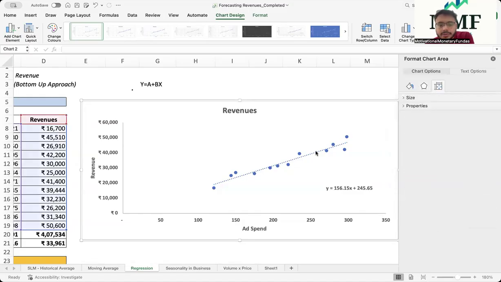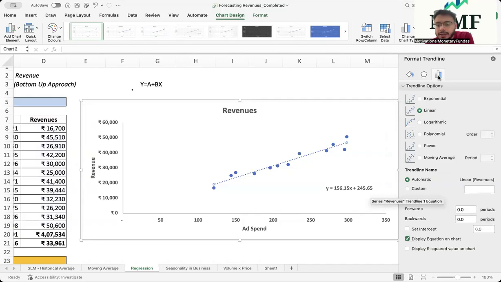What happens on this trendline, यहाँ पर you get this option of display equation on chart. You click on that and this equation comes into place. If you remove it goes off. Display R square. R square is the square of the coefficient of correlation. ये मैंने एक मॉड्यूल में बात करी है.